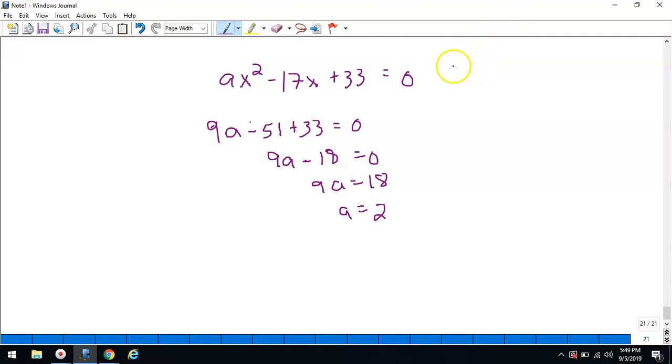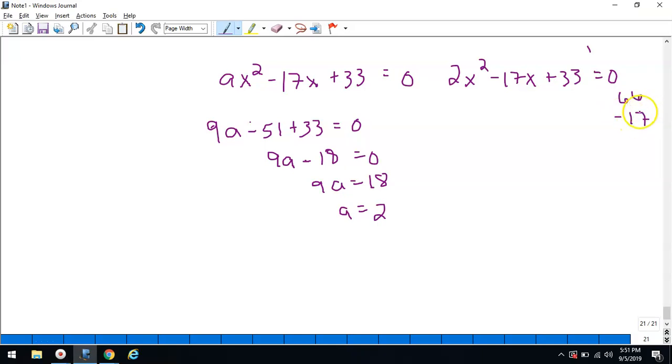All right, so what now? What I have now is 2x squared minus 17x plus 33 equals 0. So two numbers that multiply together to be 66, but add up to be negative 17.